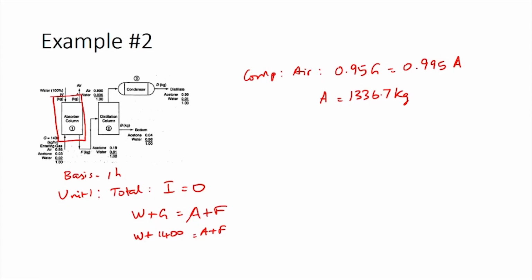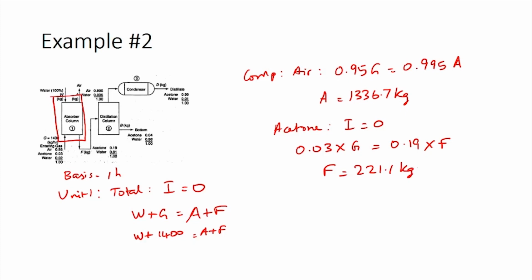We can now write a balance equation for acetone. The acetone balance would be acetone entering through gas and leaving through the acetone water mixture. So, the acetone balance, which is input equals output, would then become 0.03 times G, which is 1400, is equal to 0.19 times F. As we already know the value for G, we can calculate F as 221.1 kilograms.